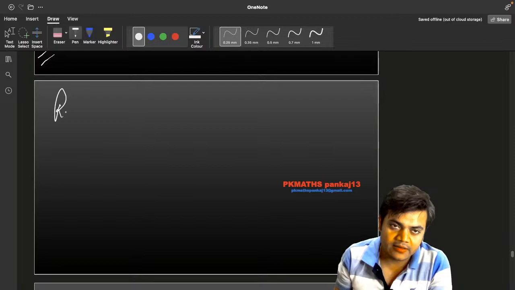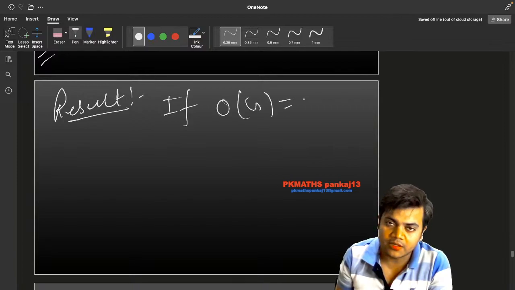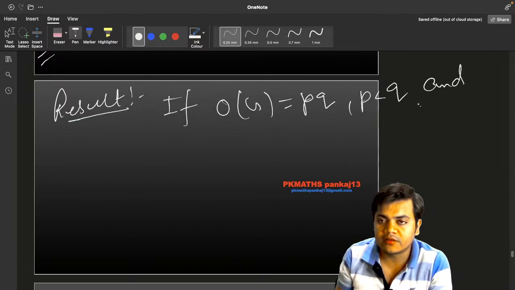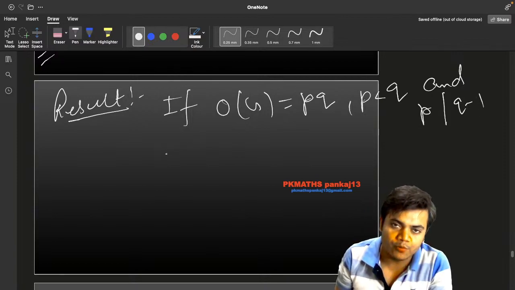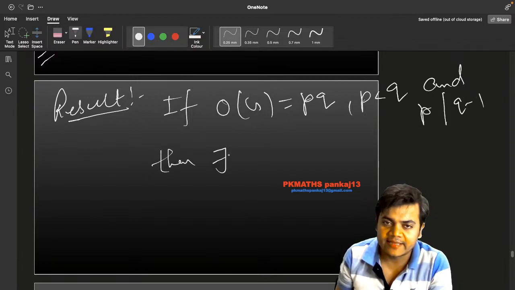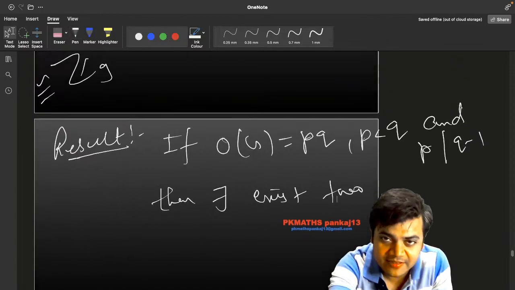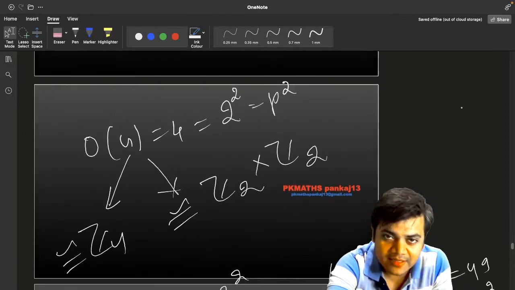Okay, the next result is what? If the order of the group G is equal to pq, where p is strictly less than q, and p divides q minus 1, then there exist two possibilities. Remember, when p were not dividing q minus 1, then in that case a unique possibility was there, isn't it?